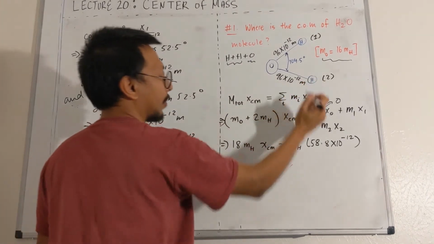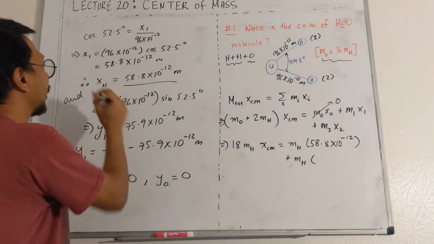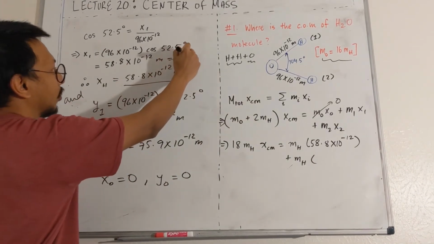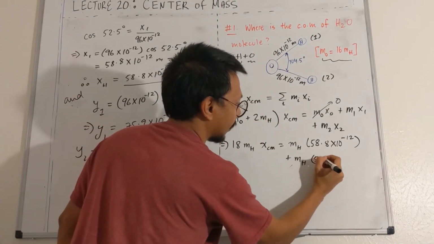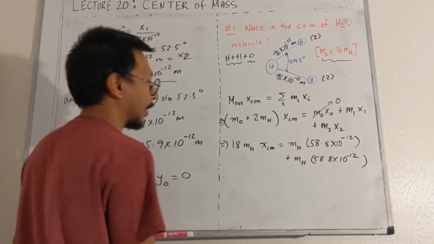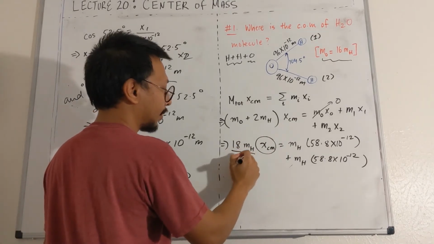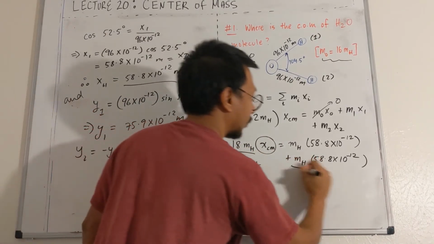M2 is also the mass of hydrogen, so same thing, MH. X2 was, remember, equal to X1, so X2 is also the same, 58.8 times 10 to the minus 12, and we want to solve for this. So divide both sides of the equation by 18 mH.